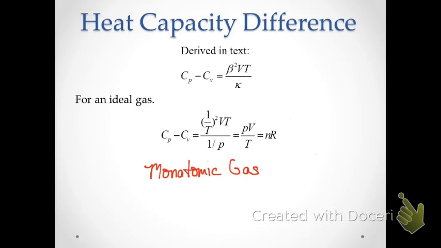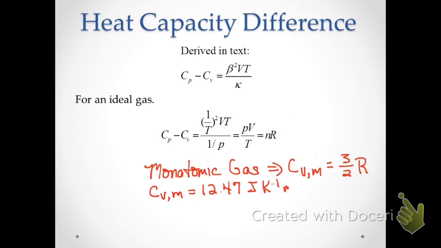So let's take a look at the monatomic gas. If you'll recall from our earlier discussions, according to the equipartition theorem, the constant volume heat capacity for 1 mole is 3/2 R, which, R being 8.314, is 12.47 joules per Kelvin per mole.